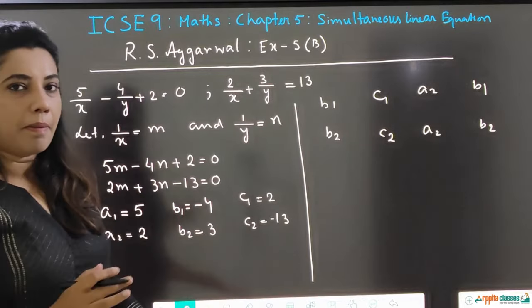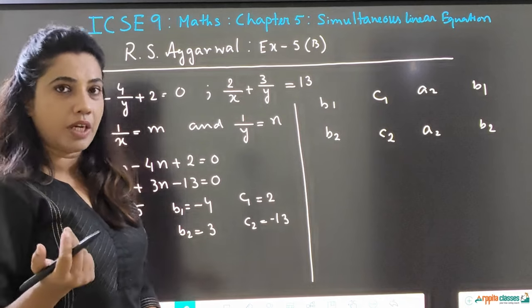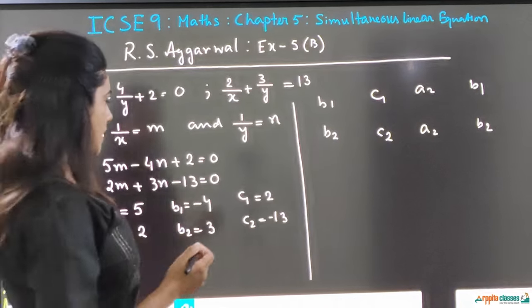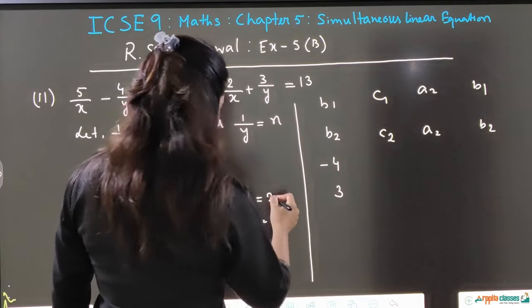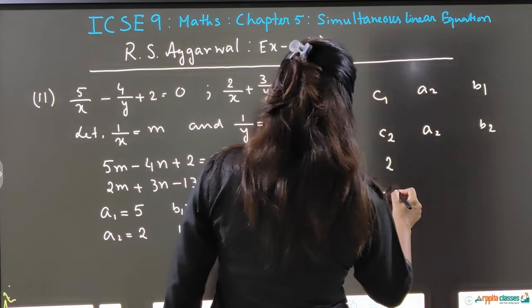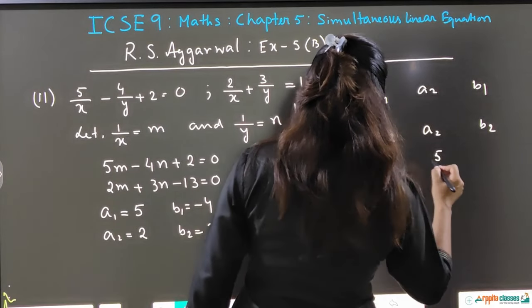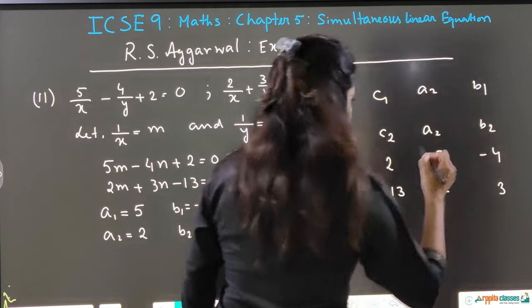I hope everybody remembers how to do it. If you don't remember, you can go back to the previous video and then you can do the sums along with me. So B1, B2 is minus 4, 3, minus 4, 3. C1, C2 is 2, minus 13. A1, A2 is 5, 2, 5, 2, and B1, B2 is again minus 4, 3.